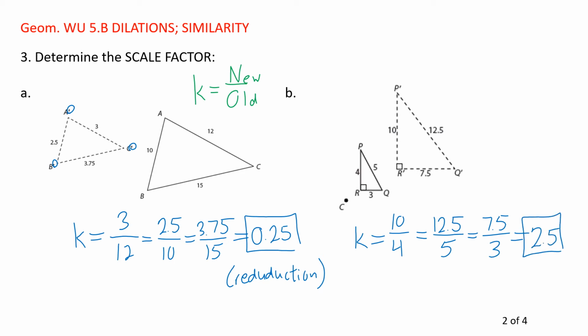Because that number is bigger than 1, this is an enlargement. And once again, I'll point out the center of dilation is the point where all these lines intersect. This picture is messed up. It's not perfect, but you get the idea.